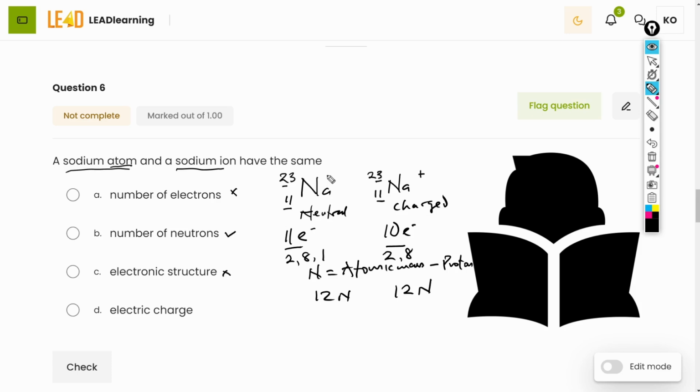Now electric charge. The sodium atom has a neutral charge because the number of protons equals the number of electrons, while the sodium ion possesses an electrical charge because the number of protons is more than the number of electrons. So this one again is not the same. That leaves us with option B as our answer, that they have the same number of neutrons.